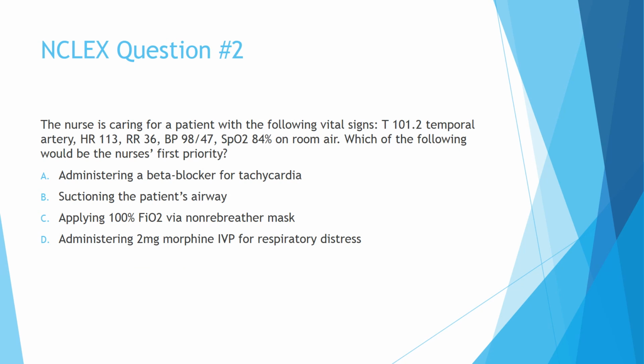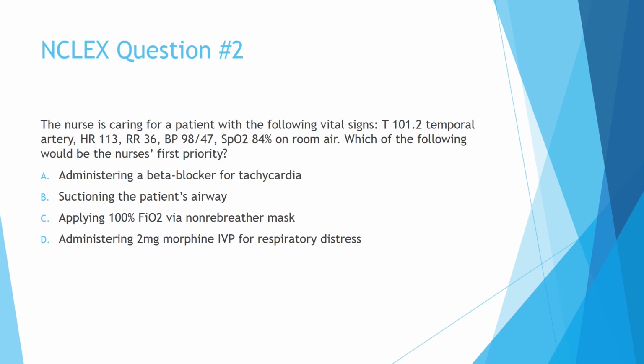For a patient with the following vitals: temp 101.2 temporal artery, heart rate 113, respiratory rate 36, blood pressure 98/47, O2 sat is 84% on room air. Which of the following would be the nurse's first priority? So it would be C, as in cat.